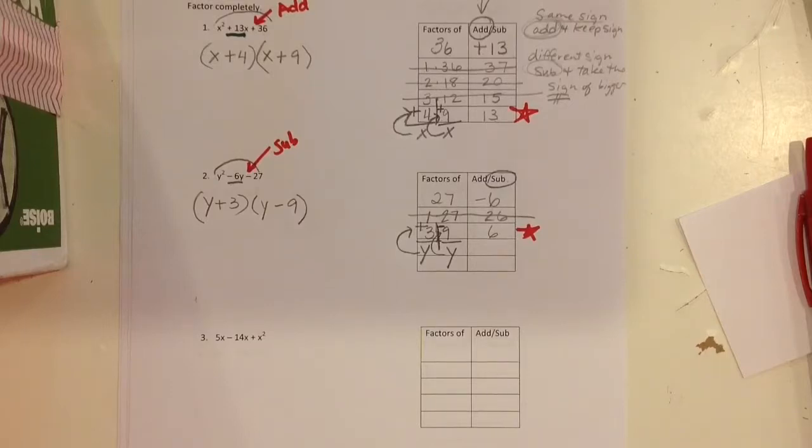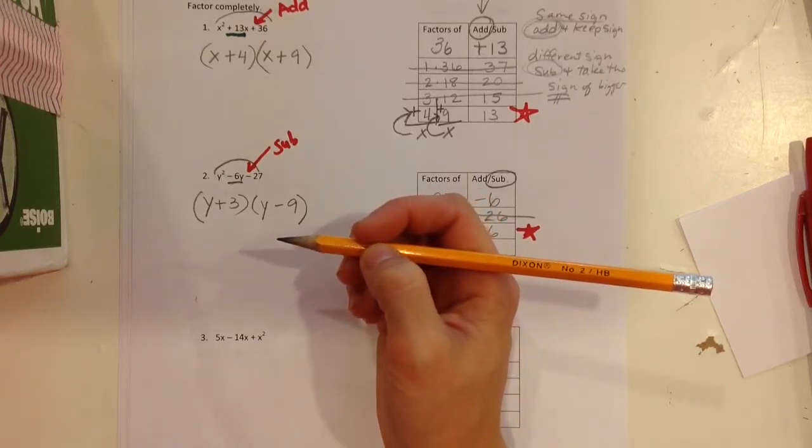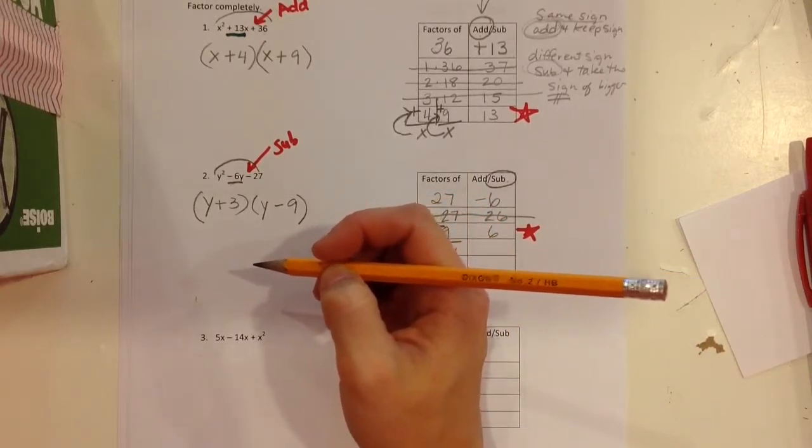Number 3 looks odd. The reason why it looks so strange is because it is out of order and written incorrectly, apparently. So we should have a GCF, and we do have a GCF. We always want to make sure when you're writing your polynomial that it's in descending order.